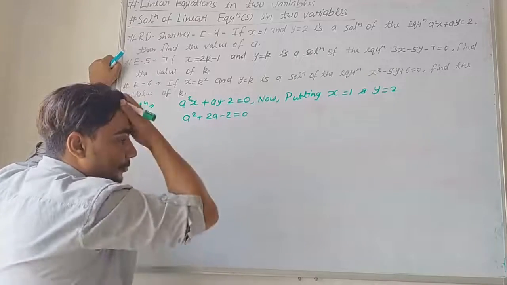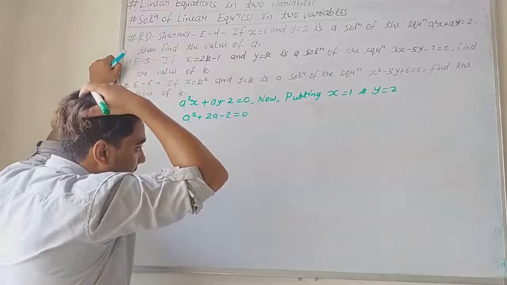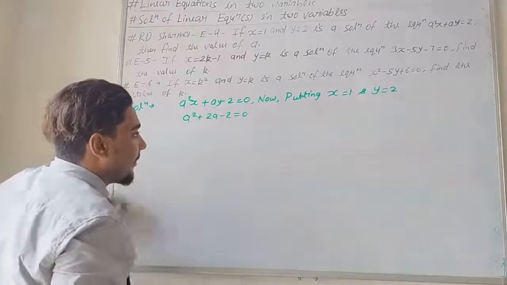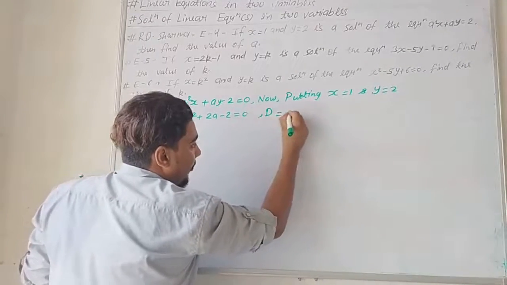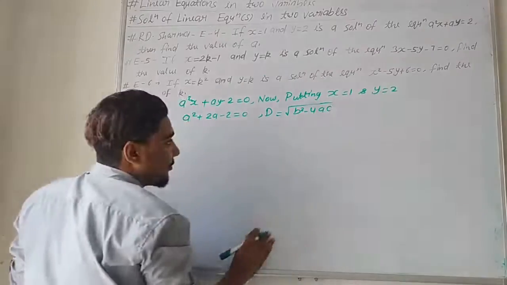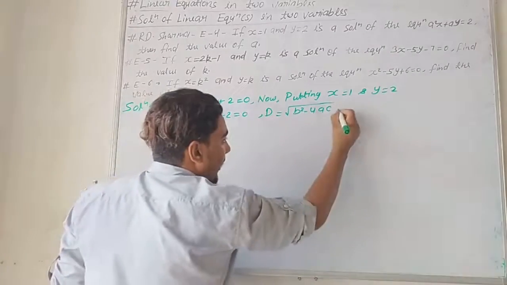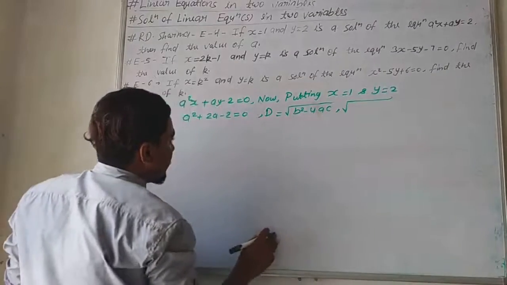This is a class 9 question, so there is more possibility that this equation will have a real solution. If you know the formula D equal to b square minus 4ac, perhaps you will study this in class 10th, so it will be new to class 9th.